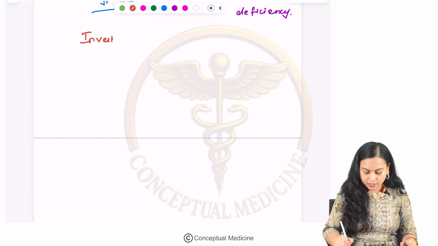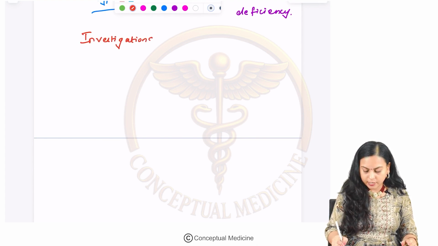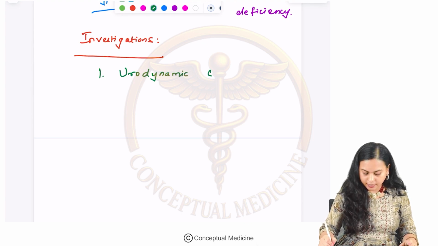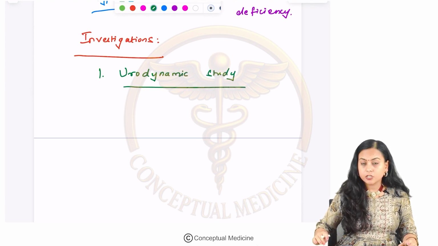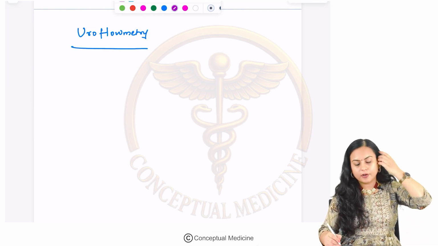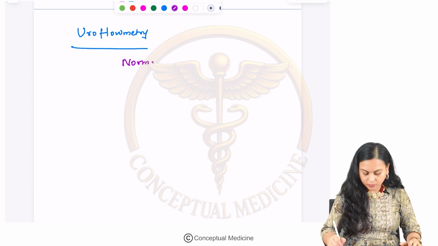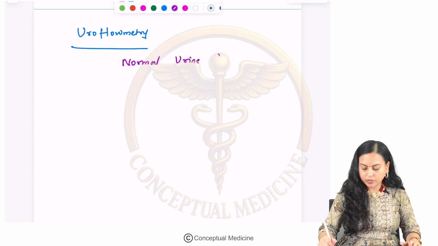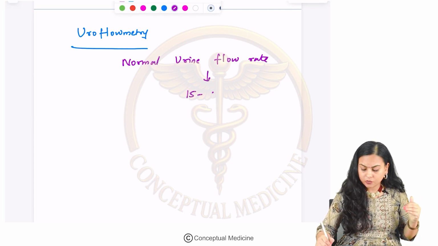So, investigations include, number 1, you have to give them urodynamic study that will constitute uroflowmetry. Okay, the normal urine flow rate is 15 to 25 milliliter per second.